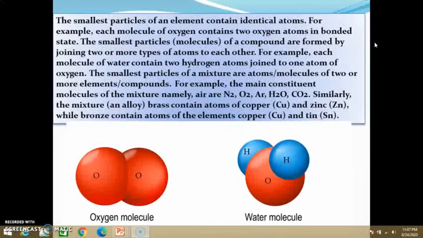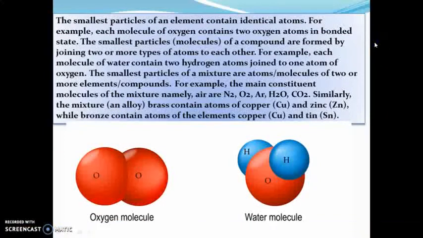Okay, now let's study these elements, molecules and compounds in detail. The smallest particle of an element contains identical atoms. Identical means same. For example, each molecule of oxygen contains 2 oxygen atoms in a bonded state.